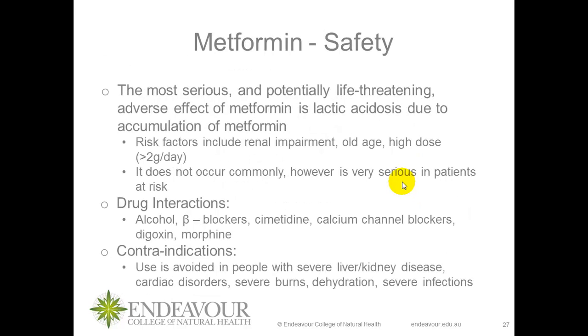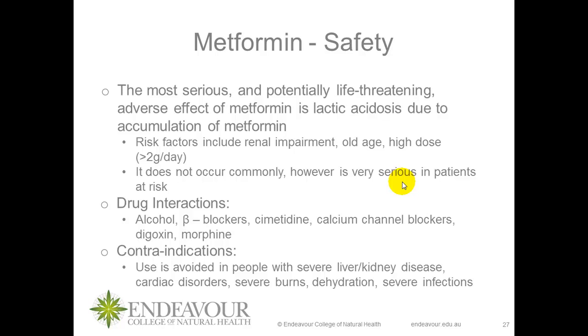The most serious of its adverse drug reactions is lactic acidosis. This is where the person accumulates metformin, and if a person is elderly or is at risk of this acidosis, then they might show this adverse effect.